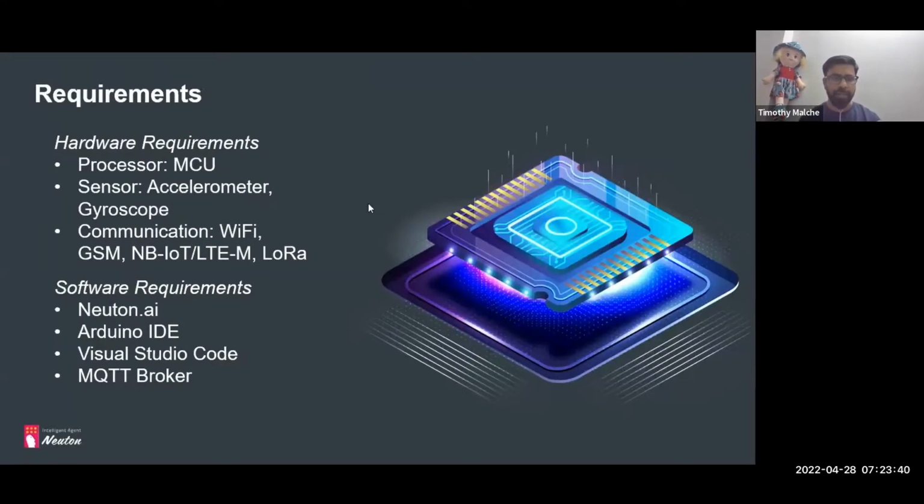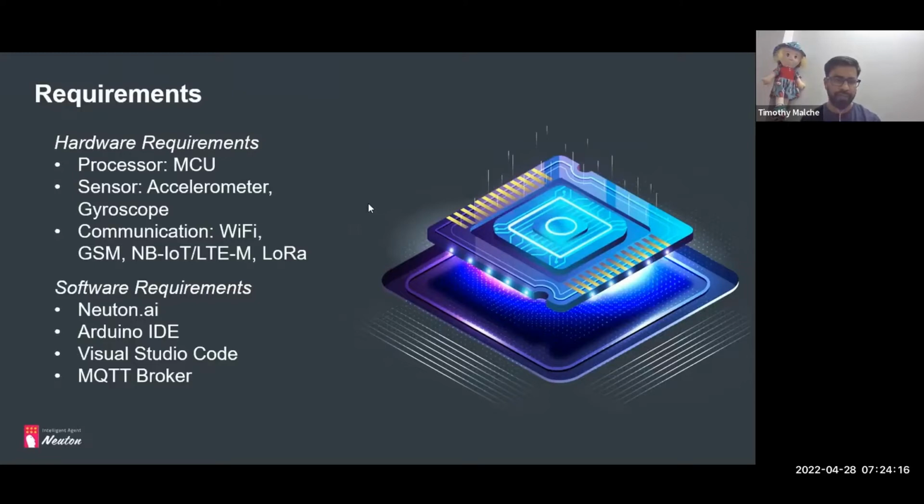The requirements to build this project are of two kinds, hardware requirements and software requirements. For the hardware, you need a microcontroller unit. For sensors, I have used an accelerometer and a gyroscope. For communication, I have used Wi-Fi, but you can use any communication medium. For these kinds of projects, the most preferred ways of communication are GSM, NB-IoT or long range, which is known as LoRa.